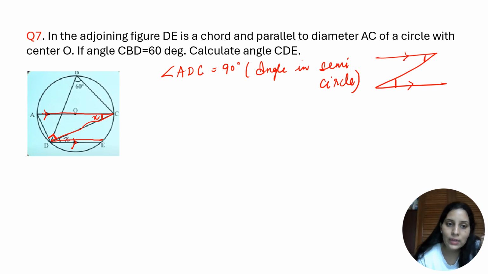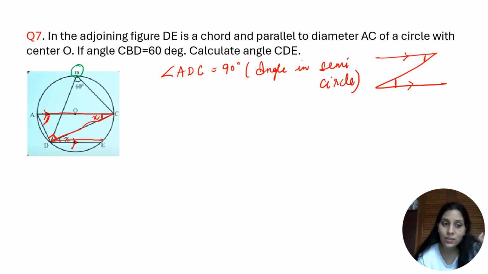So if I find this angle, I can easily find x using angle sum property. So sometimes if you don't get your answers directly, you need to do reverse calculation: okay, I need to find x, I have this angle. If I just find one more angle, I can easily find x. And why is this 60 given? Every detail, every information will be used in every question.